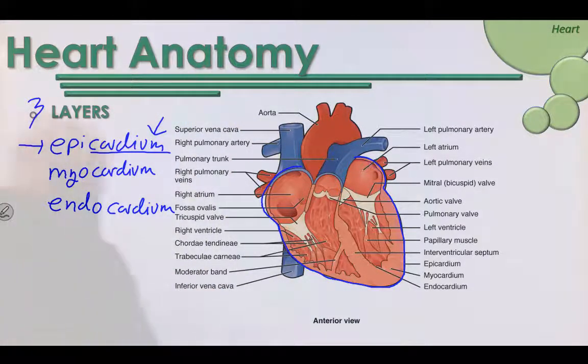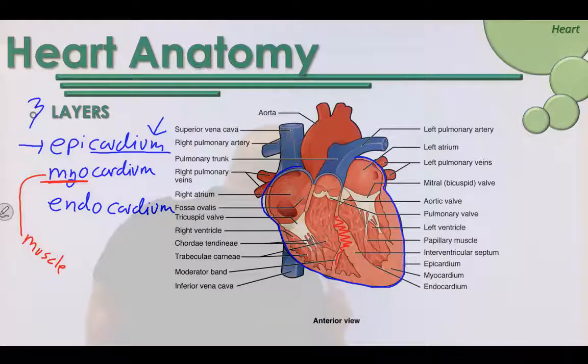The biggest, thickest layer of the heart is the myocardium. We haven't got to the muscular system yet, but the prefix myo means muscle. And the bulk of the heart is myocardium.